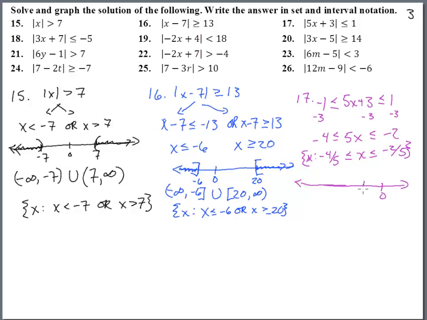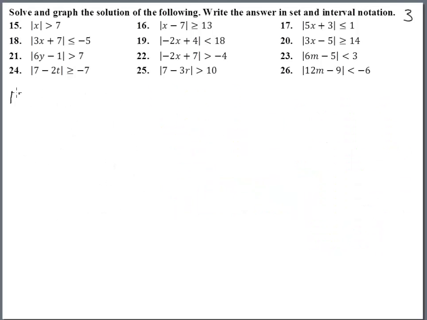Here's 0, there's a -2/5, and there's a -4/5, and all the way up there like that. Interval notation, we go from -4/5 to -2/5, and we include both of those, so those are closed on the ends.